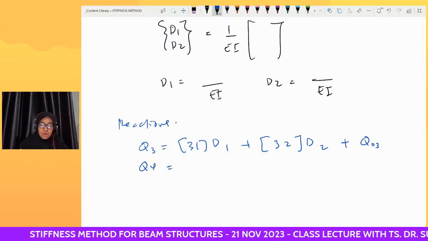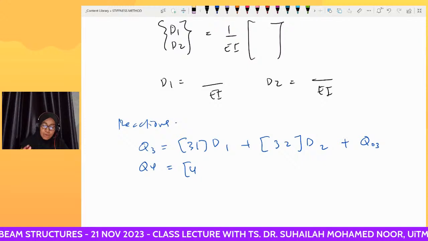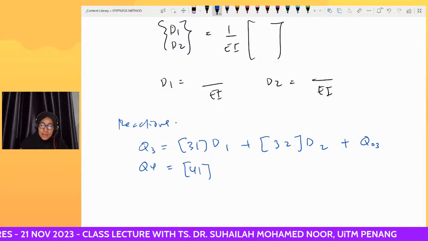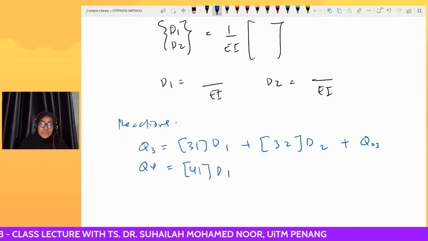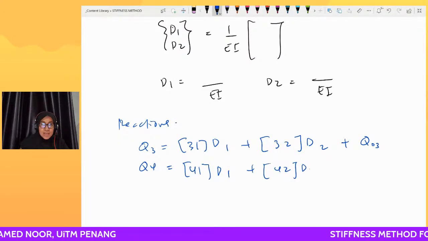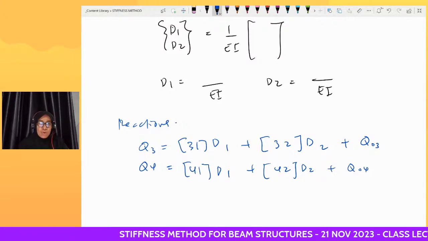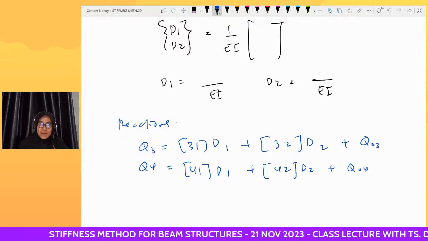So for Q4, the value at position 41 times D1, and the value at position 42 times D2, and we have to add Q naught at position 4. Okay, that is for the reaction.